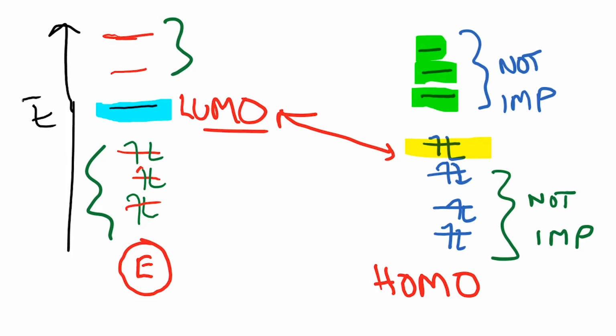Now coming back to the question of the carbonyl, let's go back and look at the molecular orbital picture that we have constructed. We saw that there is a carbon and then there's an oxygen, and that's a sigma bond. In the case of formaldehyde, you have another couple of sigma bonds with hydrogen here.